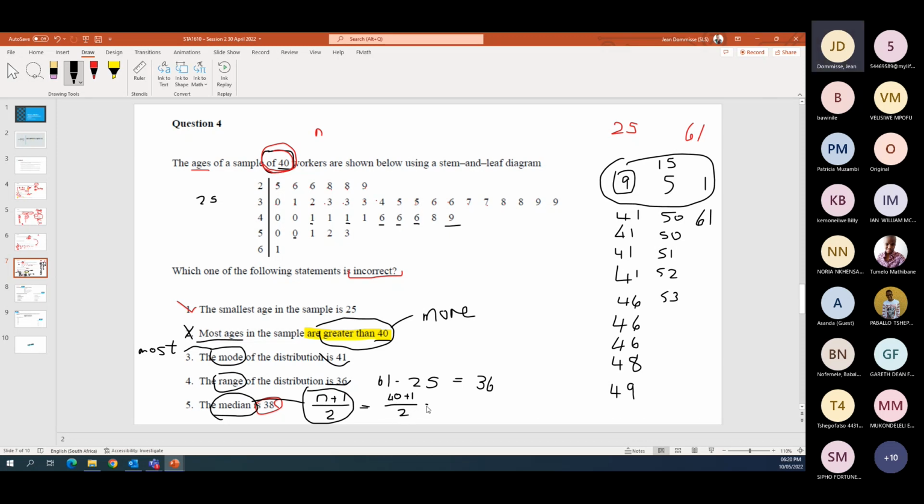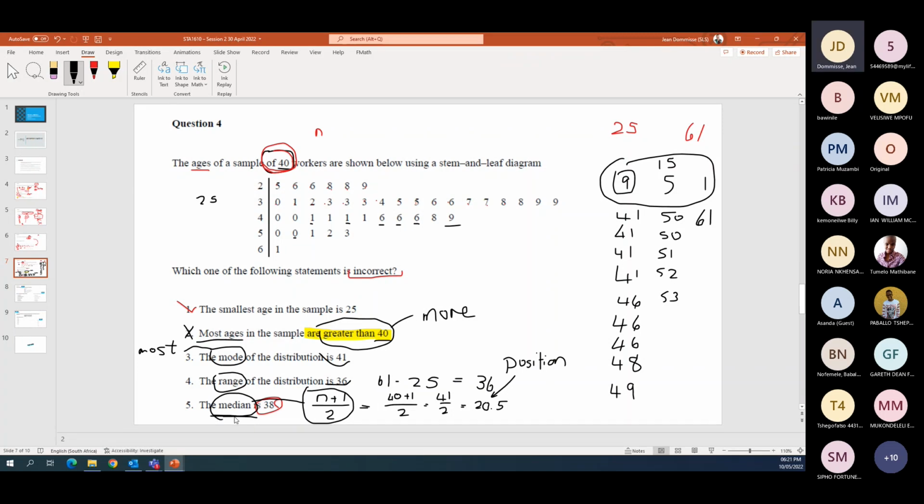So that is 41 divided by 2, which is 20.5. So what this tells us is that at position 20.5 of the data, we will find the median.